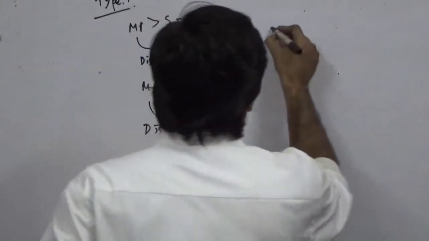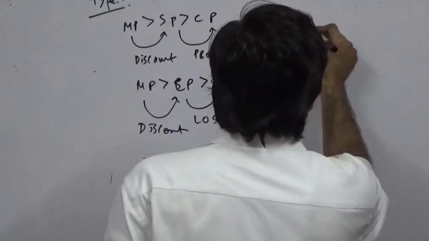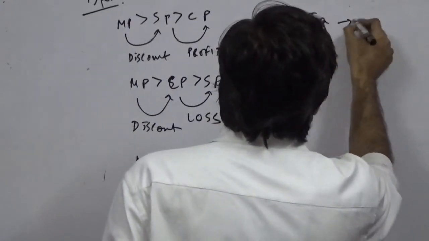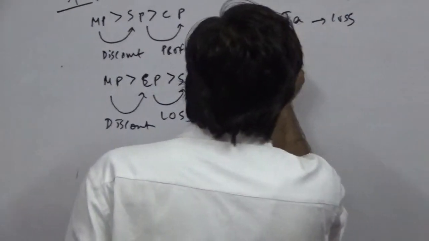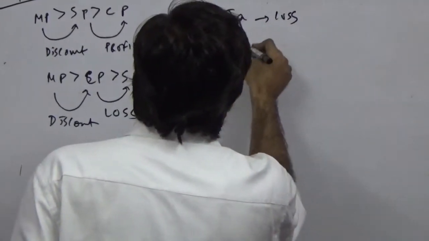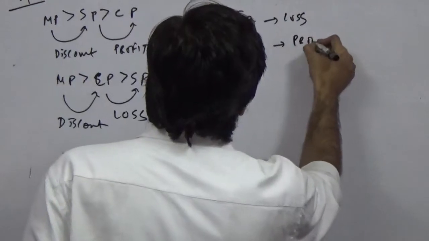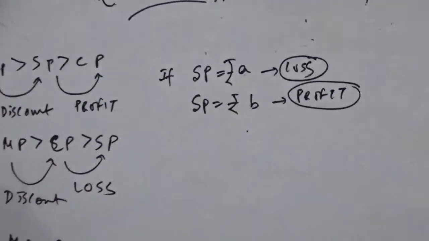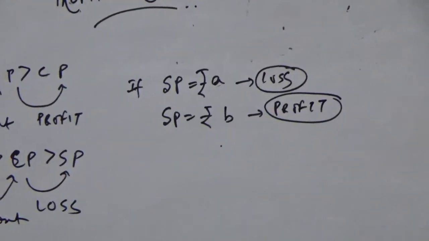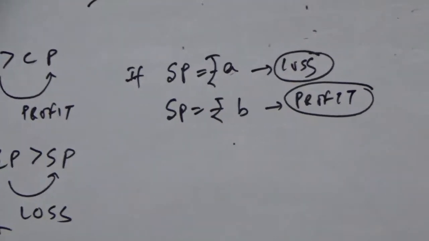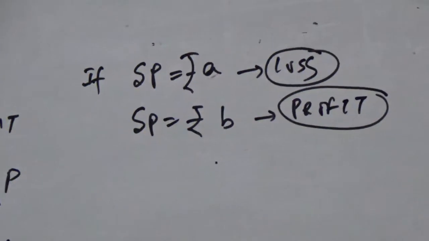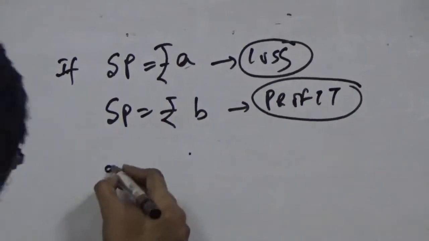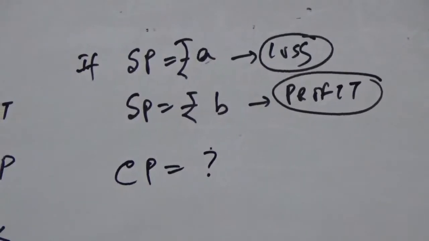This type is: if SP equals rupees A, then there is loss. And if SP equals rupees B, then there is profit. But this amount of profit and this amount of loss are exactly the same. If the amount of profit and amount of loss are exactly the same, then you have to find the CP. What could possibly be the CP over here?